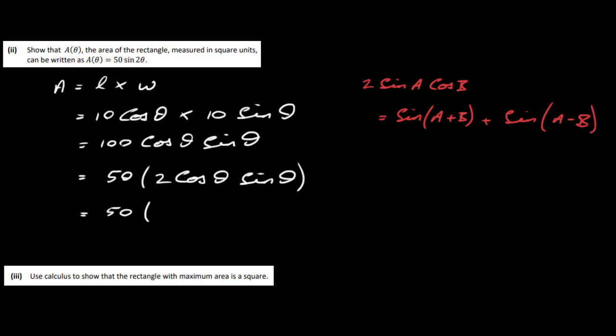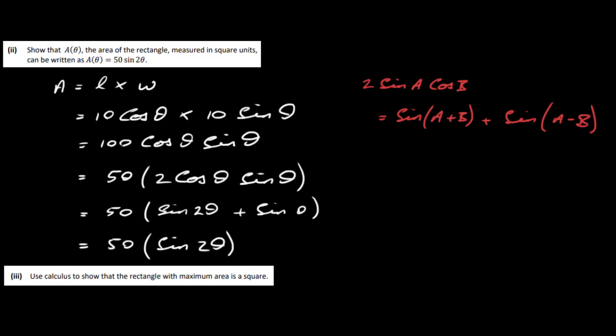We have 2 sine theta cos theta, so A and B are both theta. That just means this converts to sine A plus B, so sine theta plus theta, which is sine 2 theta, plus sine A minus B. So theta minus theta is just 0. If we have a look at that, we end up with sine 2 theta.